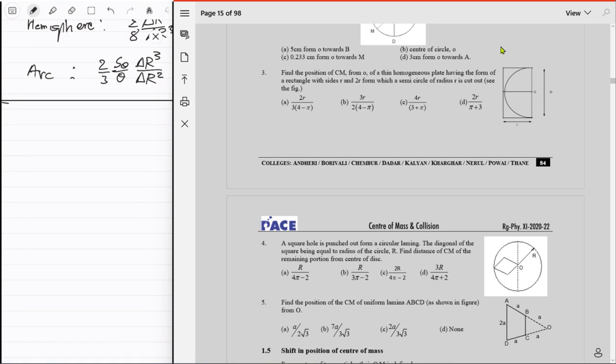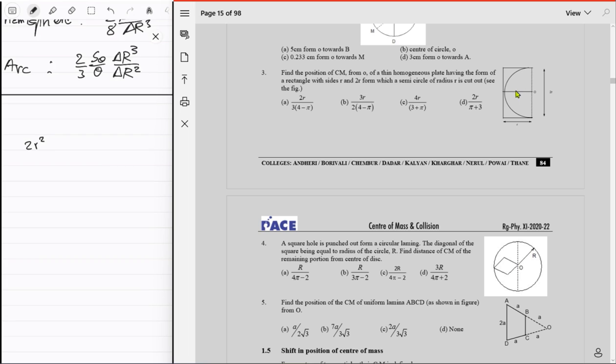First the mass of this rectangle, it's just 2r squared, times the radius vector of this guy. We take it from the origin. We know the center of mass has to be somewhere over here, right? So probably it's just better if I take the left direction to be positive.